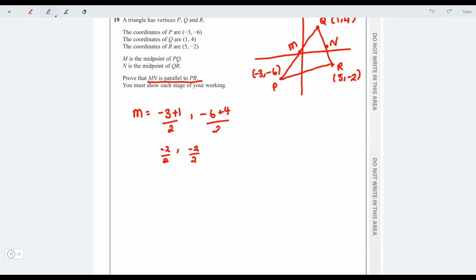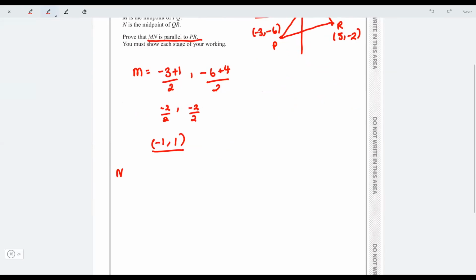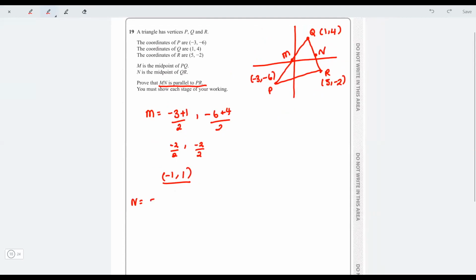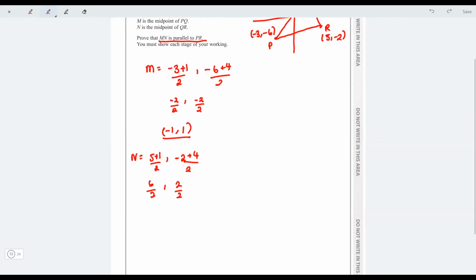So the coordinate for M is -1, -1. Let's do the same for coordinate N. We're going to add the x's up and the y's up. So 5 add 1 divided by 2. -2 add 4 divided by 2, that's 6 divided by 2, and that's 2 divided by 2, so the coordinate for N is 3, 1.